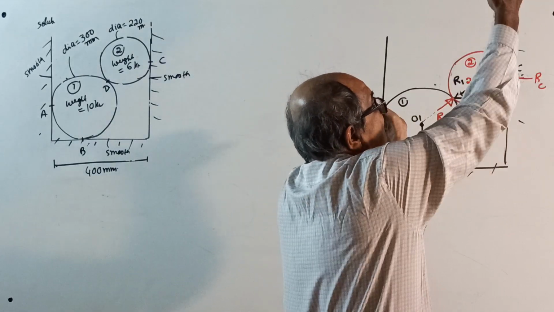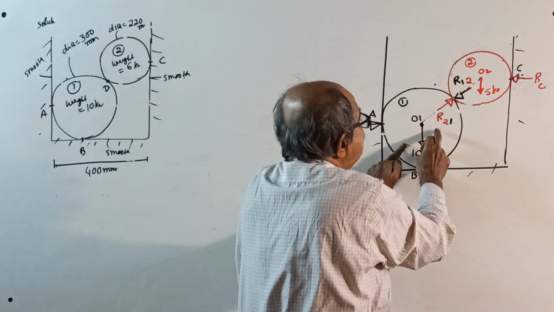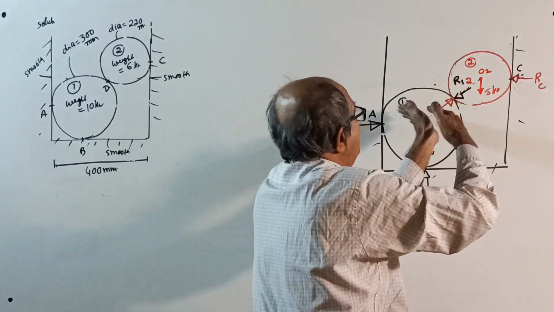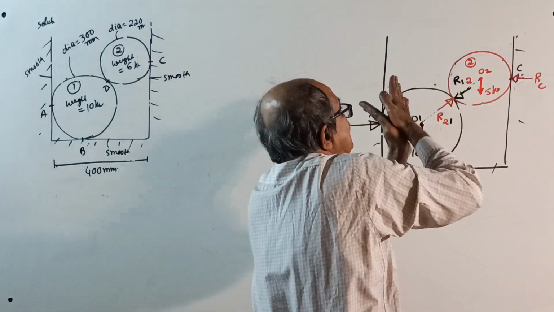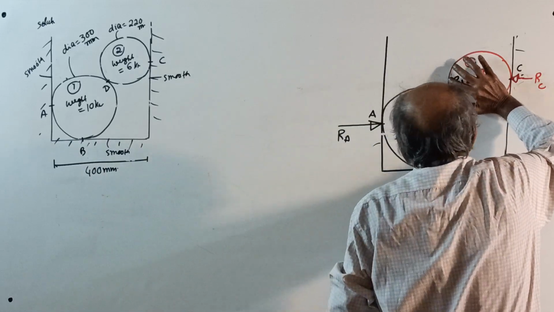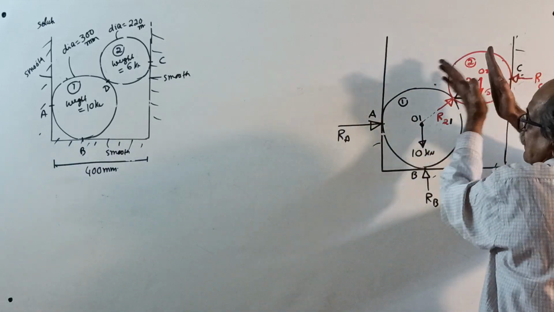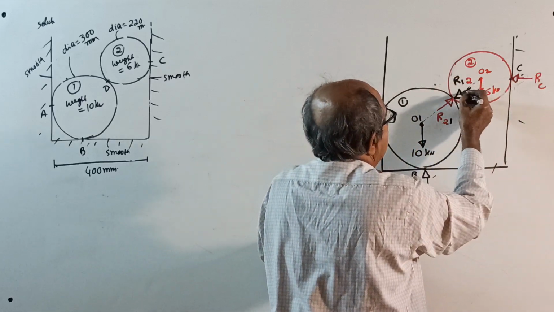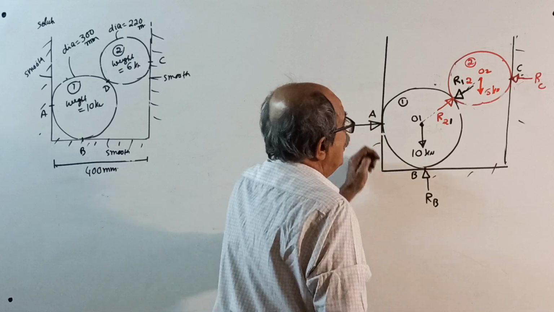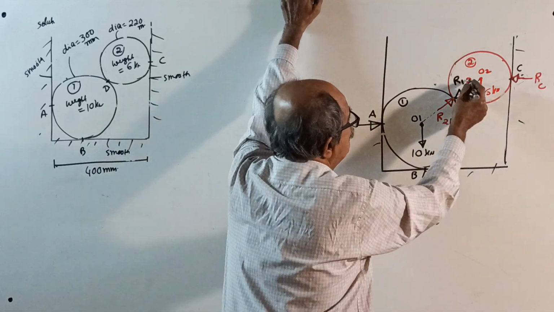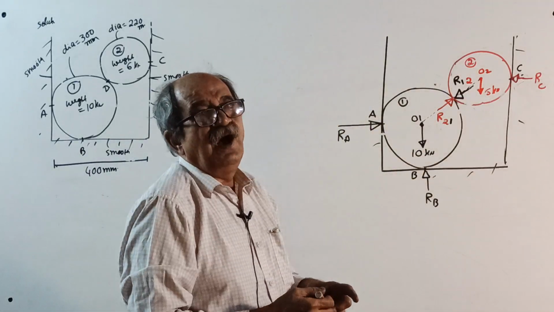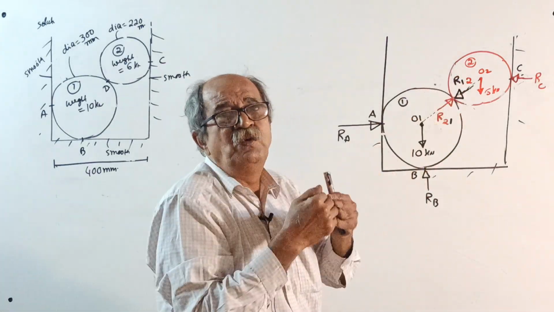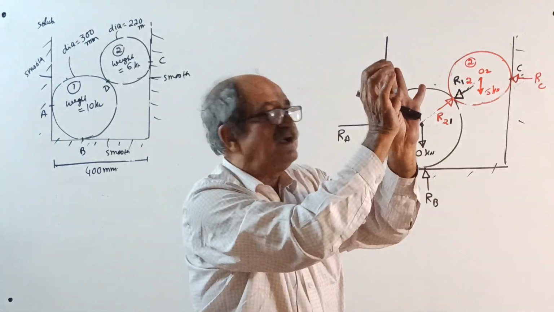See? So, for this cylinder, the reaction is the black one. For this cylinder, this way. Understand this concept correctly. They are equal and opposite. So, of course, remember your R12 and R21 are equal. For equilibrium at the contact point, how much that will push it down, that much this will push it back.